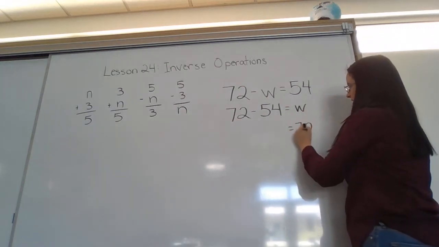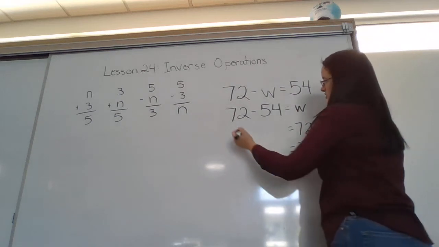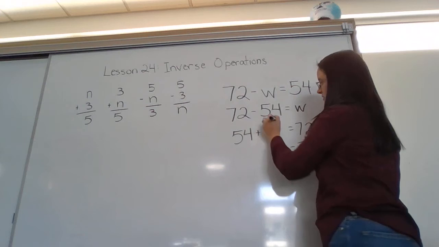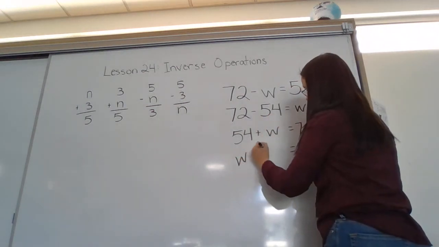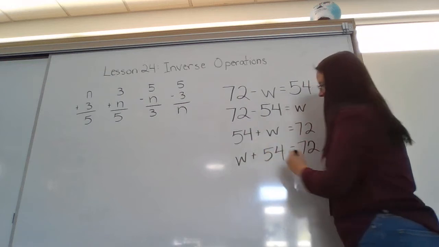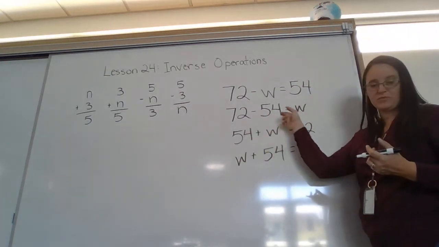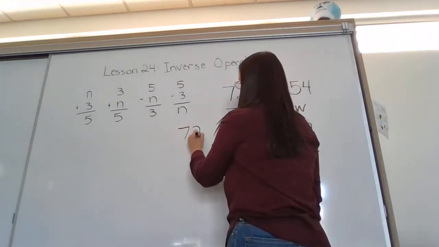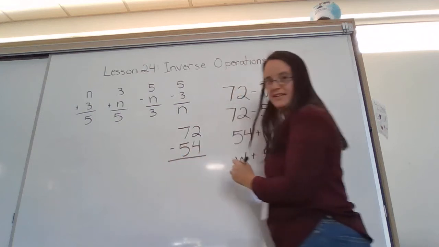It's going to have to go at the end of my addition facts. So I will have 54 plus W, and then I'll flip-flop those and have W plus 54. Then the final part of this problem is use this one to solve for W. So I have 72 minus 54, and that's going to give me W.